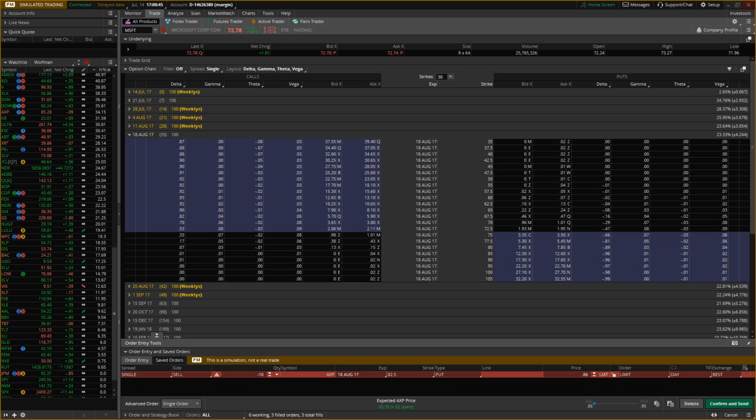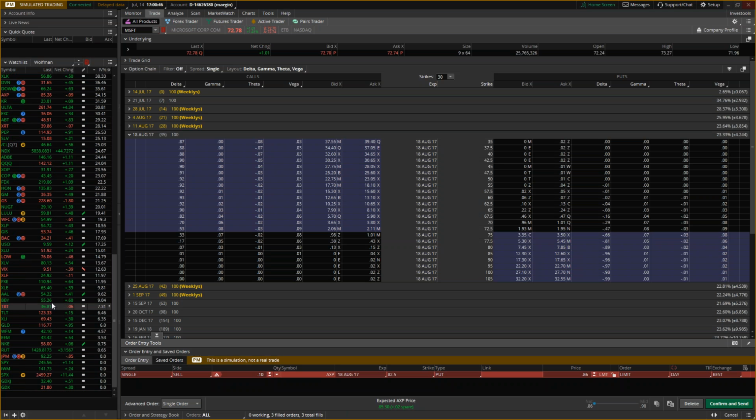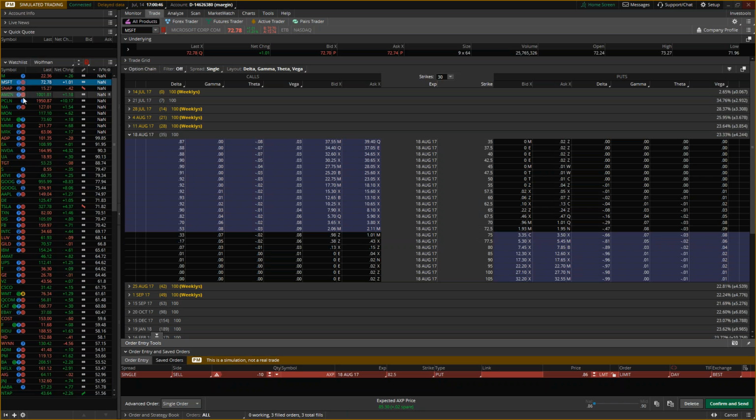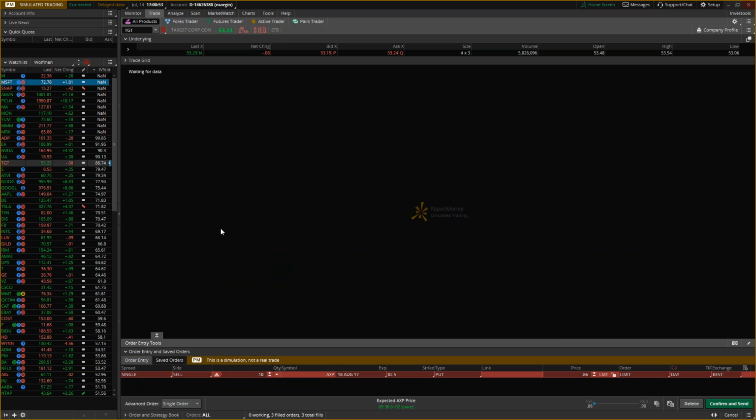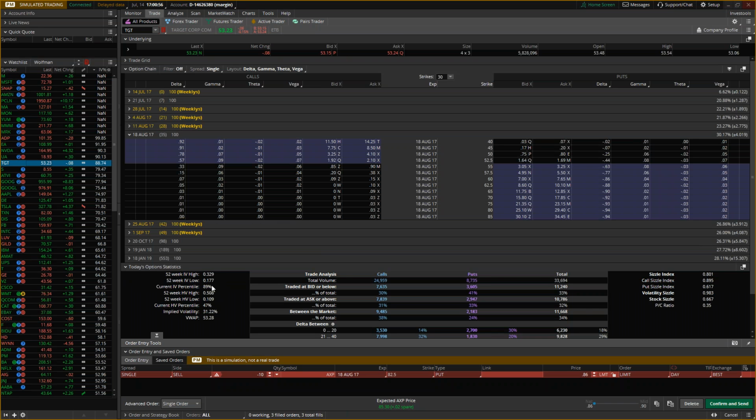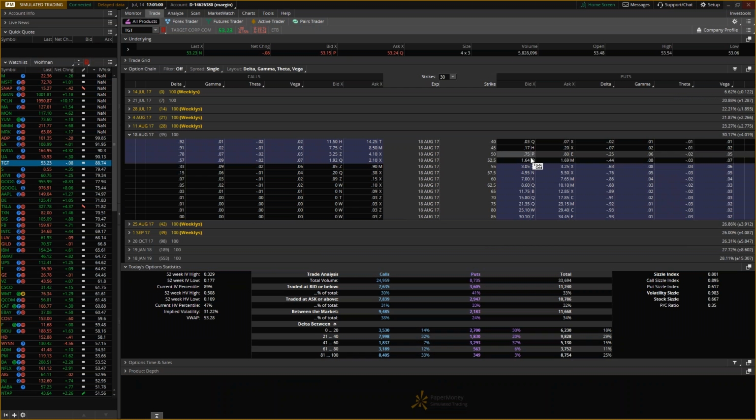Let's see. So Target, let's look at one down here. I'm going to just try and compare something because Target being a $50 stock should be a little bit easier to compare that. So Target being 53, it's got an 89 IV. And go in here and look at this. So it's $5 wide.